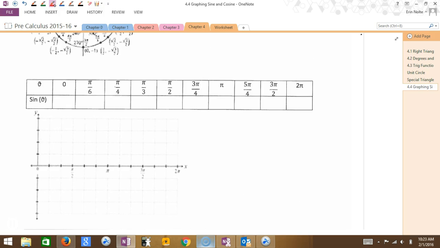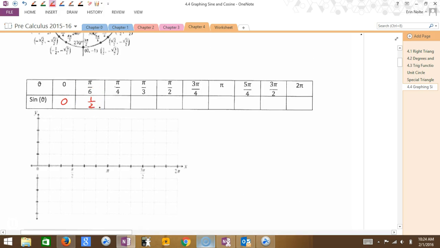So we're just looking at the y. What is the y value at 0 degrees, or 0 radians, same place? 0, right? If you go up a little bit higher and look at the pi over 6, what is the y value at pi over 6? 1/2. So it goes up a little bit.